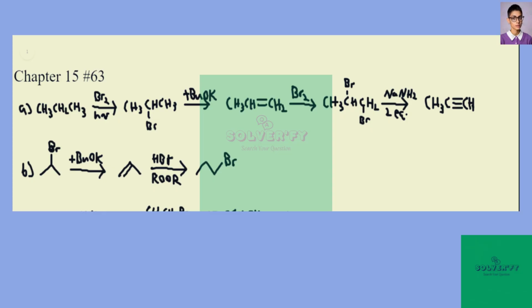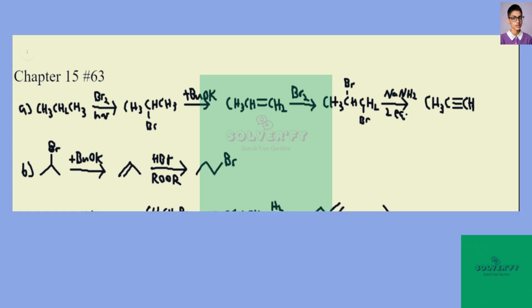And if we then treat that with H2 and Lindlar's catalyst, so H2 and Lindlar's catalyst, that's going to get us to here. Okay, and now we want to add a bromine in an anti-Markovnikov fashion.